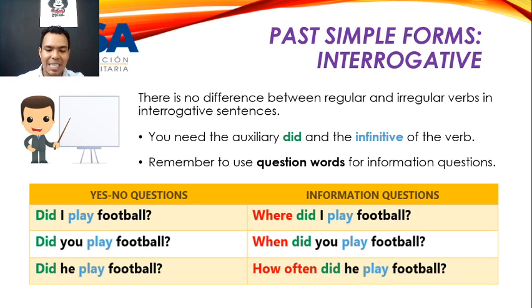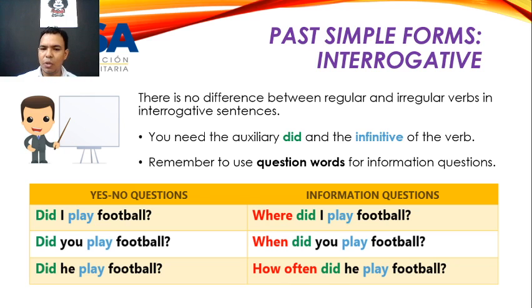So yes/no questions only have this structure. The auxiliary did at the beginning. After that, the subject: I, you, he, Marcos, the students. And after the subject, the verb. Did you play football? Did you eat breakfast today? Did we finish our classes? Now, we also have information questions.